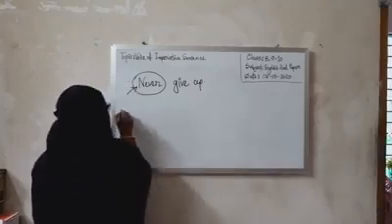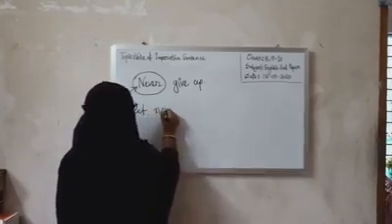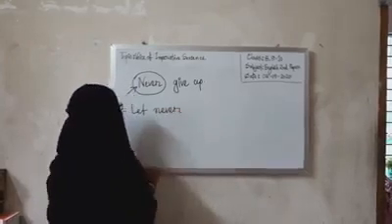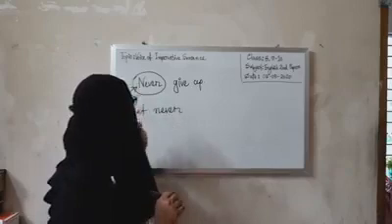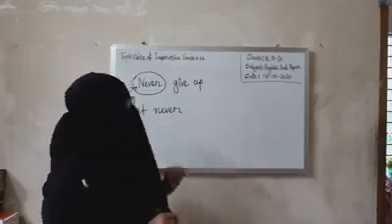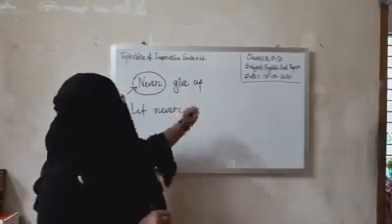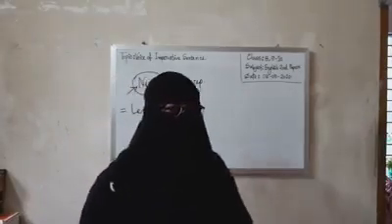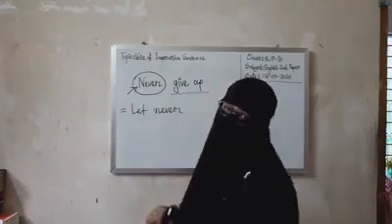firstly we have to use let, never. Whenever we find never, we have to use let, never. Here, never give up. Here, you will not find any object. Just there is main verb.